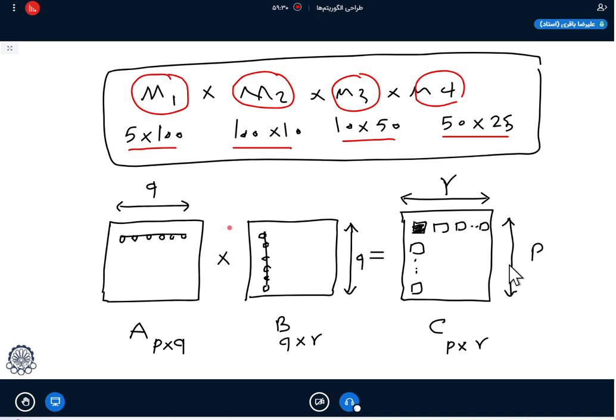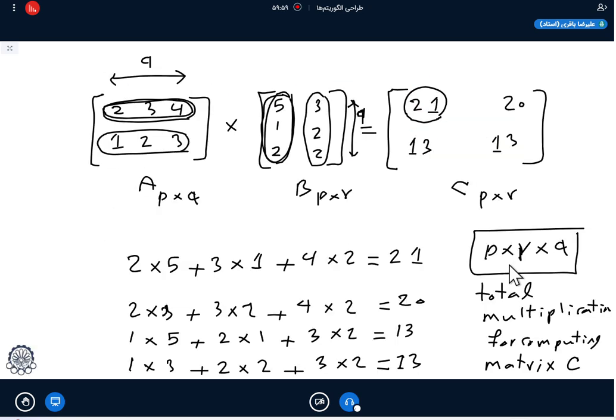The number of multiplications for any element of C is Q. In C, we have P multiplied by R elements, and for each of them, Q multiplications are done. So the total number of multiplications for computing C is P multiplied by R multiplied by Q, as we said in the next slide.